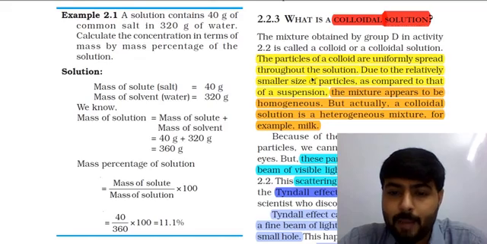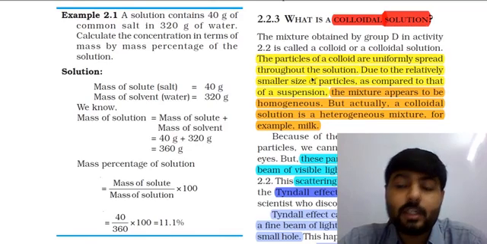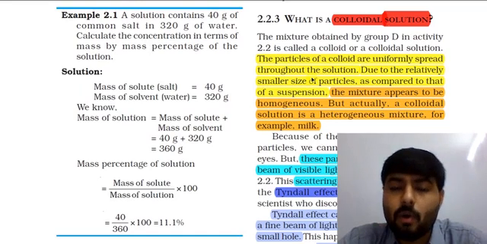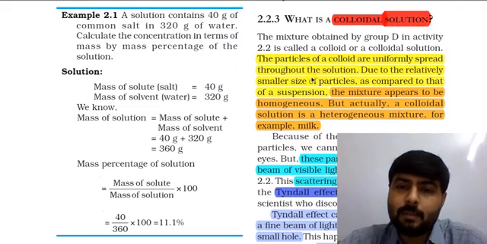The mixture appears to be homogeneous. Remember, the mixture appears to be homogeneous, but actually a colloidal solution is a heterogeneous mixture. For example, milk.